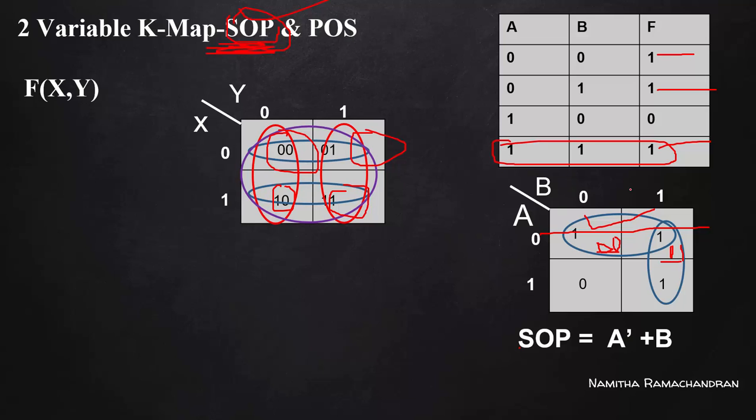Next, check column-wise. Here B is 0 for this particular one, B is 1 for this particular one. That means B is not common for this group. So for this horizontal group, the minimized min-term representation is A complement only.